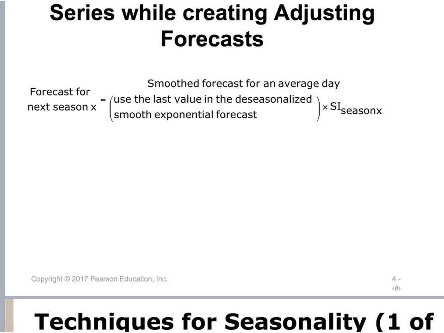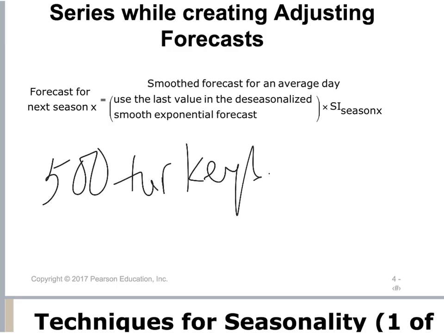Let's think about it this way. Let's use turkey. A normal month, anytime from January to October, let's say a store sells only 500 turkeys per month. I'm just making this up. So our demand during that period is 500 turkeys per month.